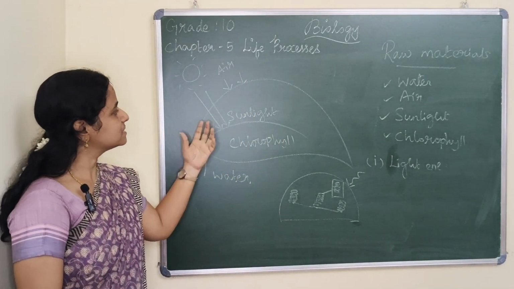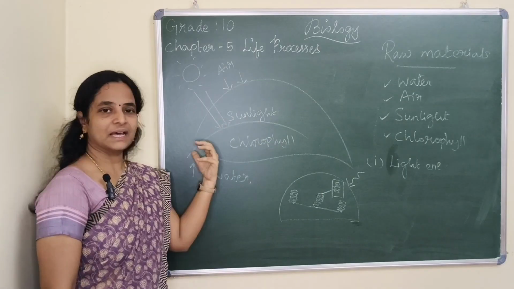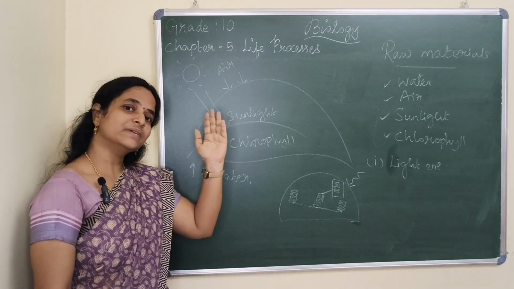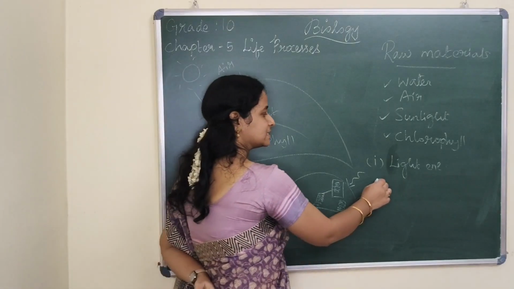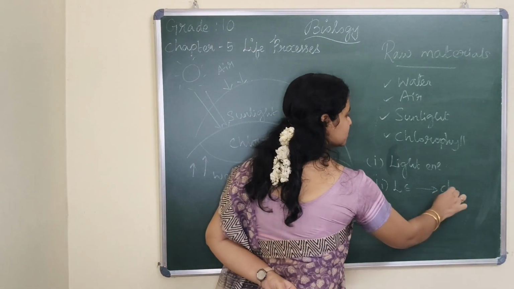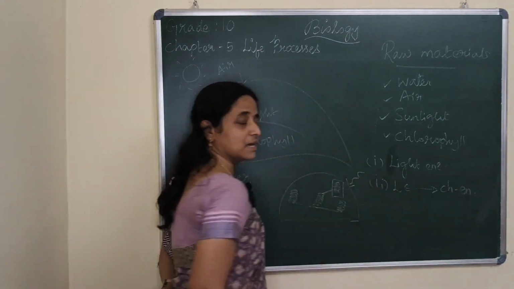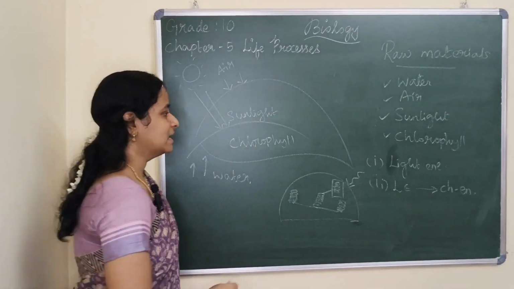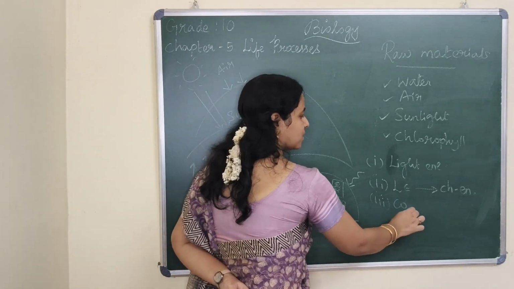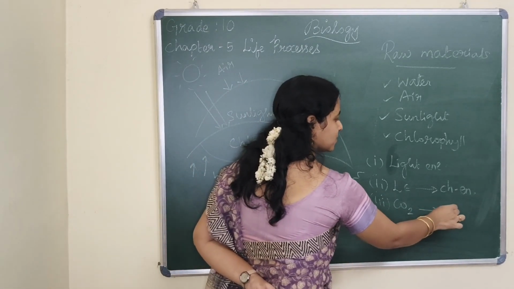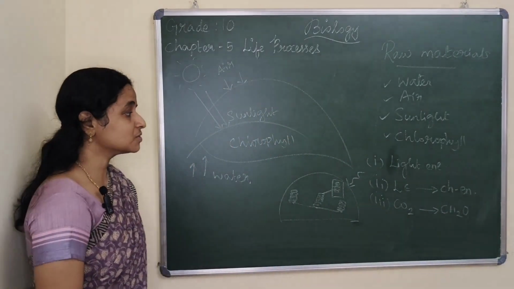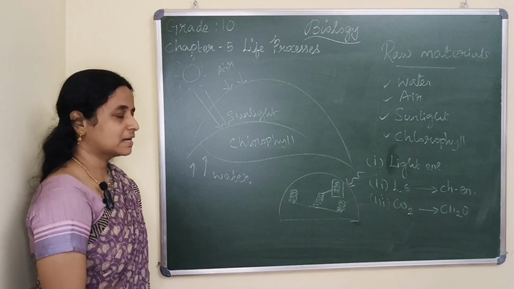The second step is that the absorbed light energy helps in converting the light energy into chemical energy. So the second step is the light energy turns into chemical energy. I will tell you what is that chemical. And the third process is conversion or reduction of carbon dioxide into carbohydrates.